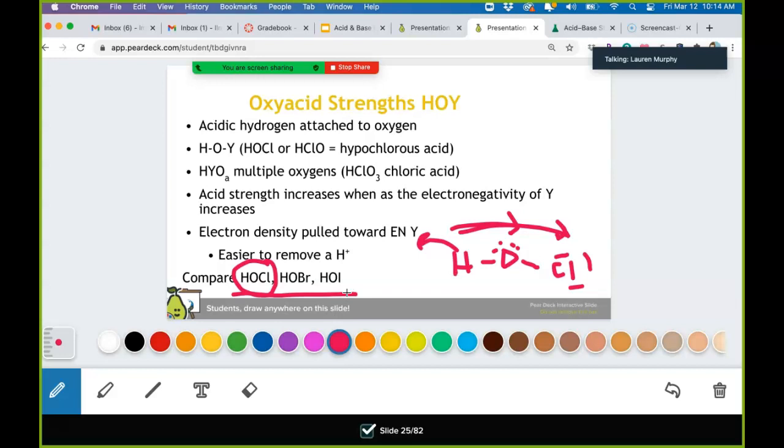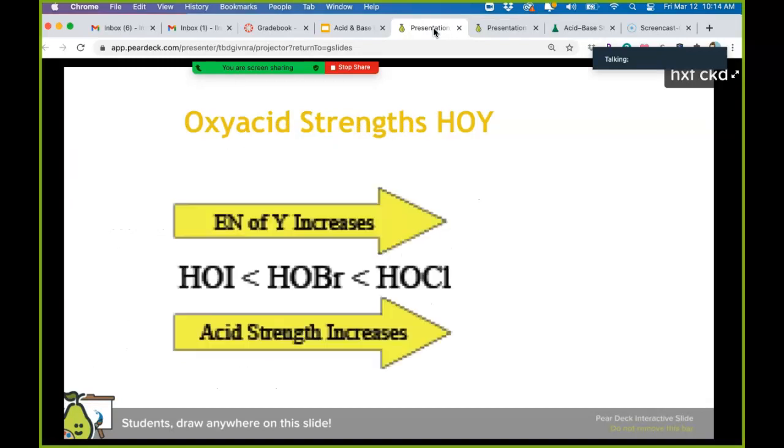Again, the easier you are to rip off a hydrogen atom, the stronger of an acid you are. Because producing hydrogen ions in solution is what makes something acidic. Okay? So again, this is just what I said. HOCl would be the strongest and HOI would be the weakest. It attracts electrons the weakest, so the hydrogen would have a harder time being ripped off.